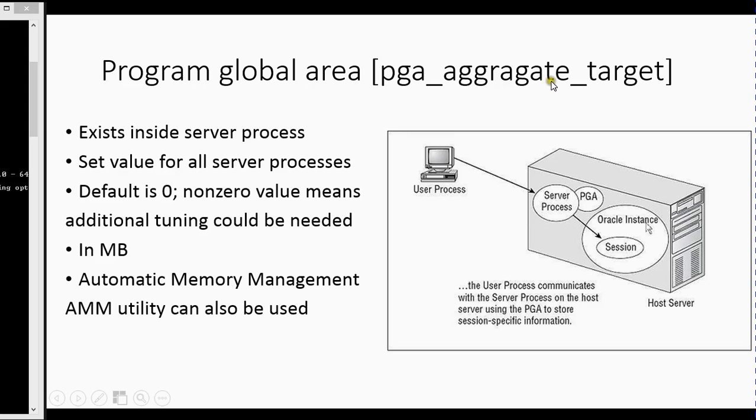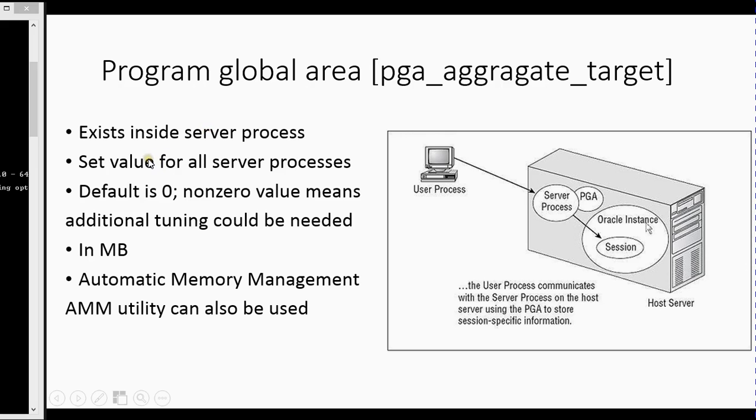Based on the activity level, how much memory the PGA takes up is going to be determined. The amount of activity determines how much memory will be allocated to the PGA inside the server process. But again, this parameter sets the overall value.